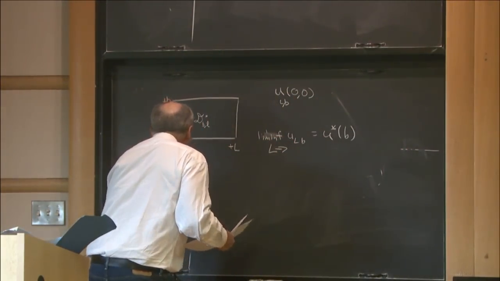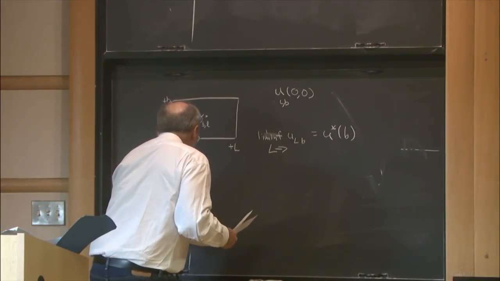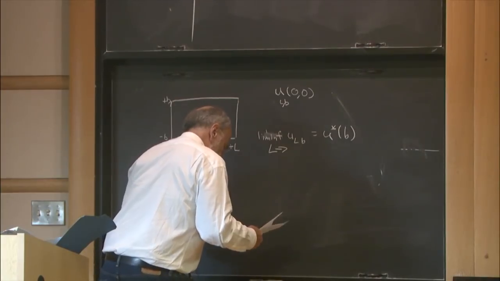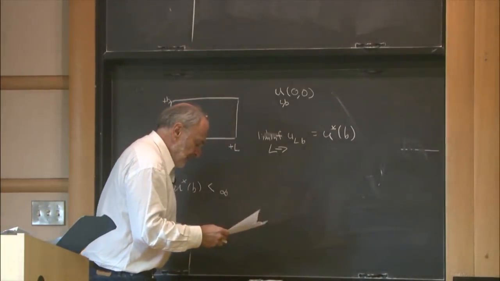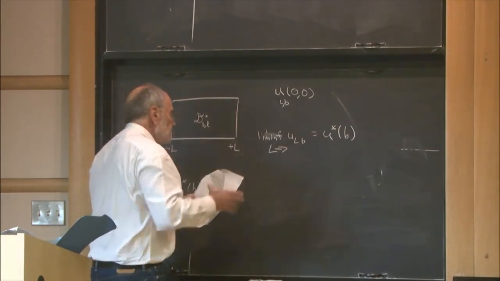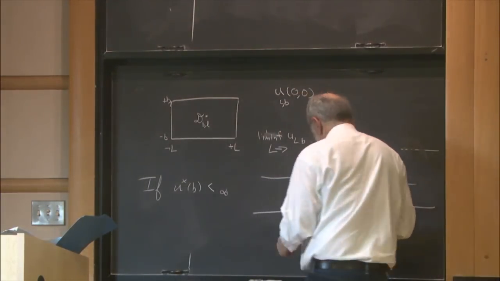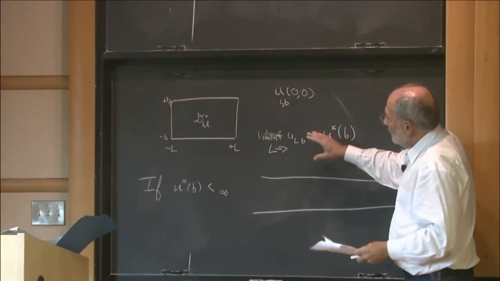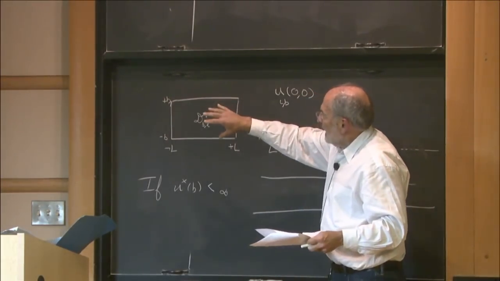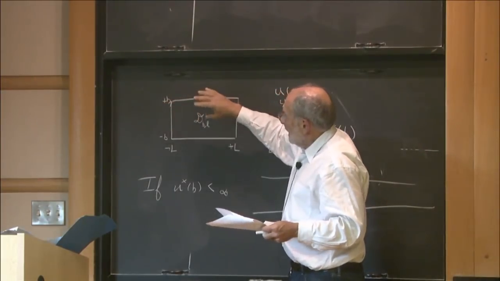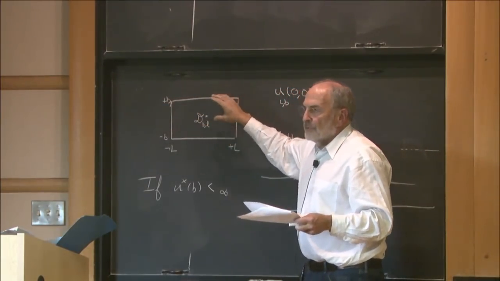If U star of B is finite, then subsequently you get convergence over a strip. If that's finite, it's going up. I still have 0 boundary values here. This is going out to infinity. I have something that's defined over a strip with 0 boundary values.